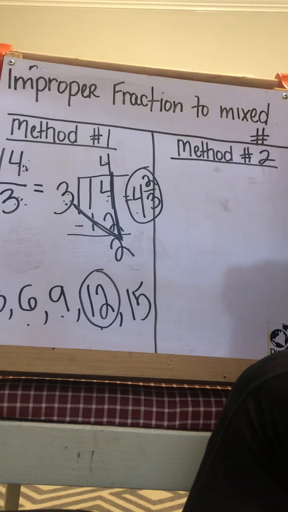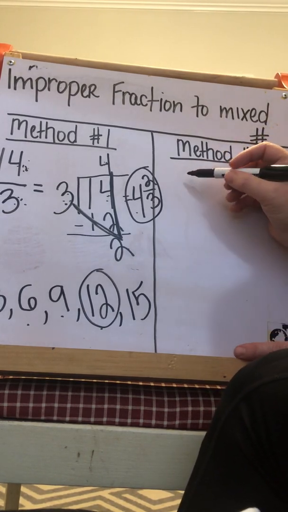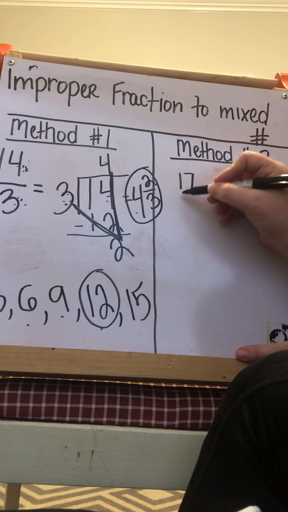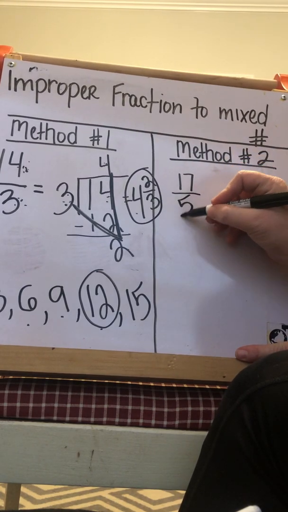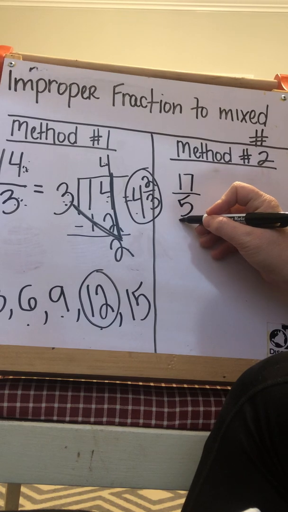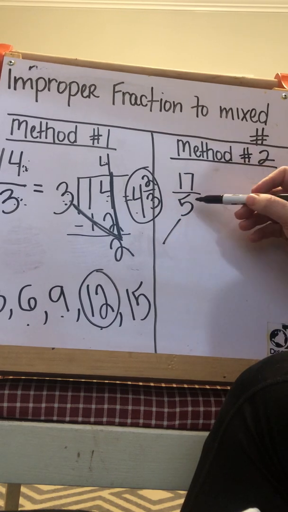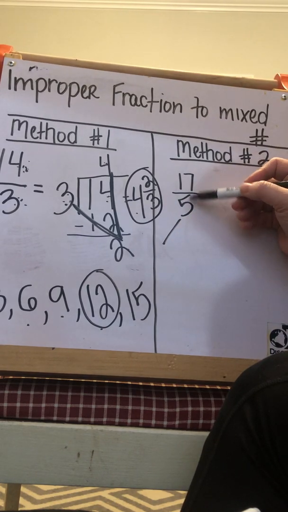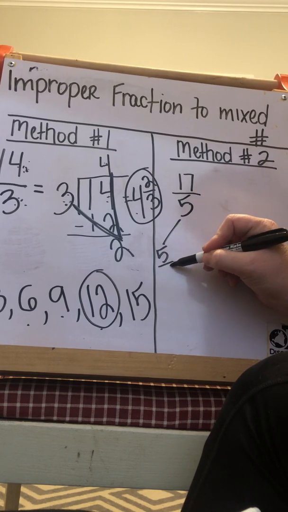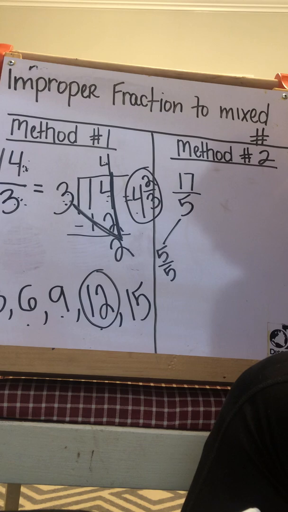Now the other method I want to show you, I'm going to take a different problem. I'm going to take, let's try 17 fifths, okay? Y'all have gotten really good at decomposing through our number talks that we do. So you can think of this as decomposing. So if I wanted to pull 1 whole out of 17 fifths, you know that would have to be 5 fifths, okay?